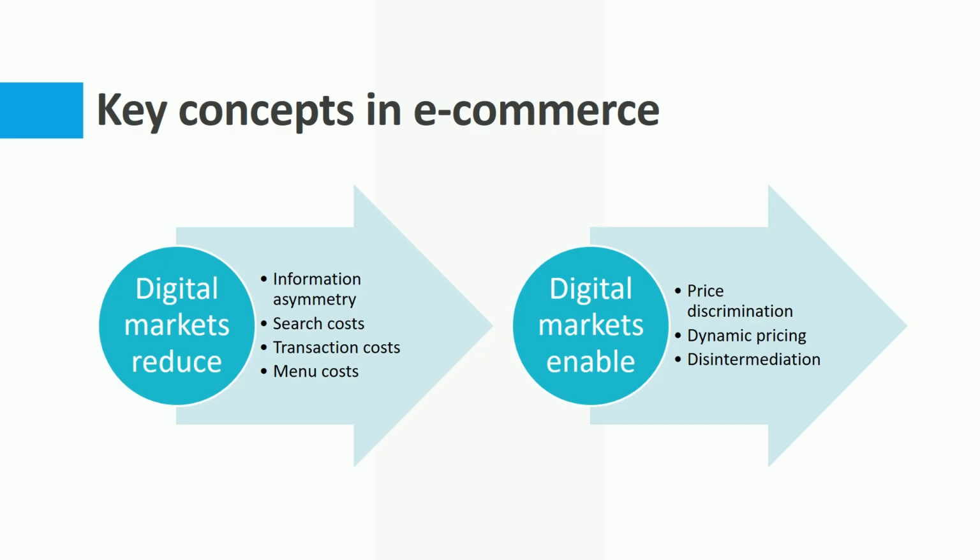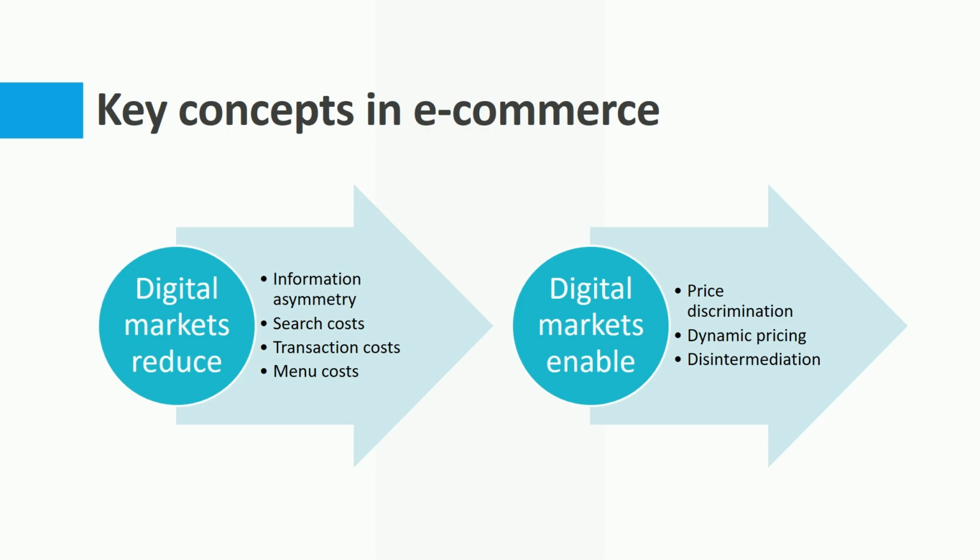And then the digital market will also reduce the search cost. So search cost is a term that means the effort to find suitable products. The digital markets also reduce transaction cost.